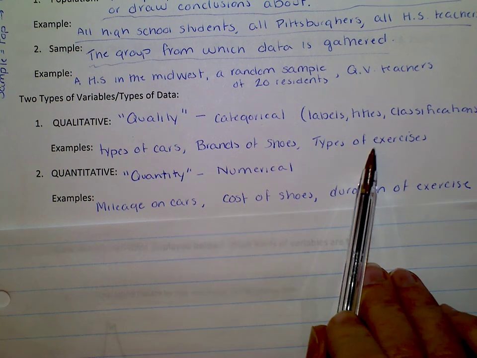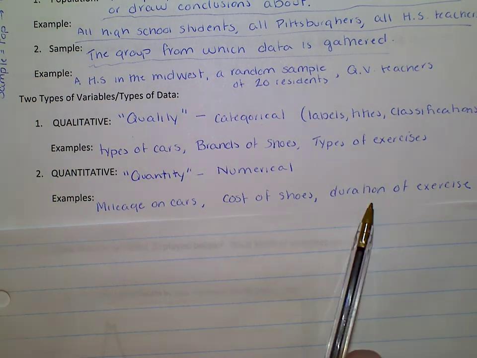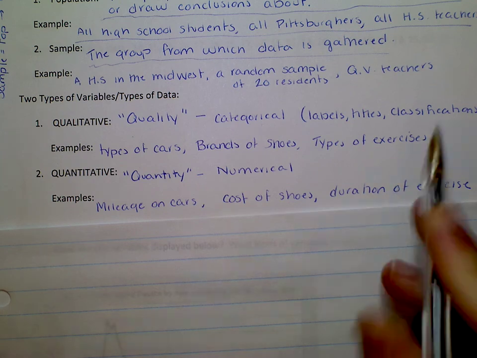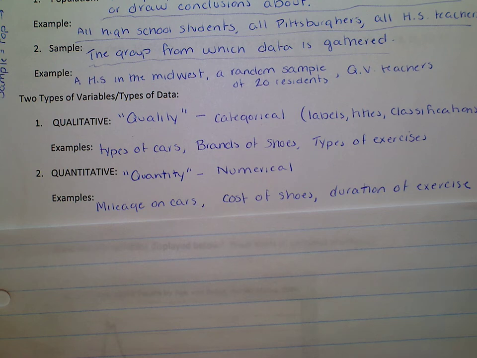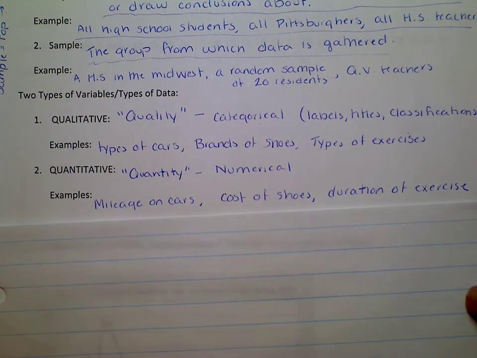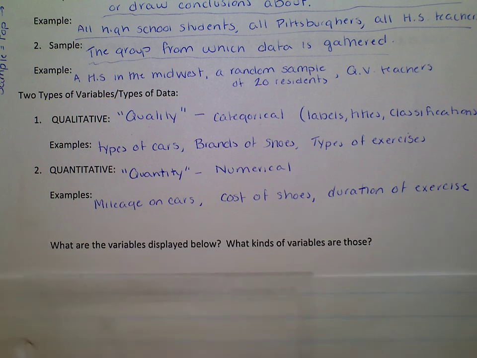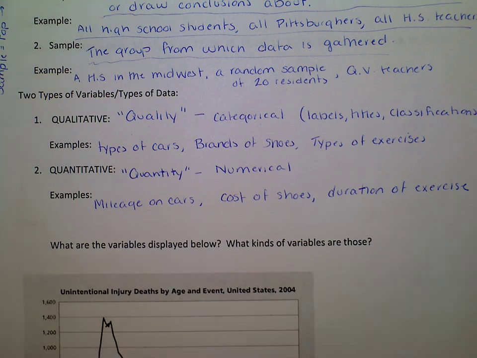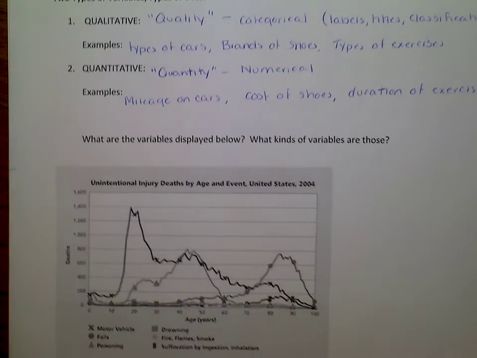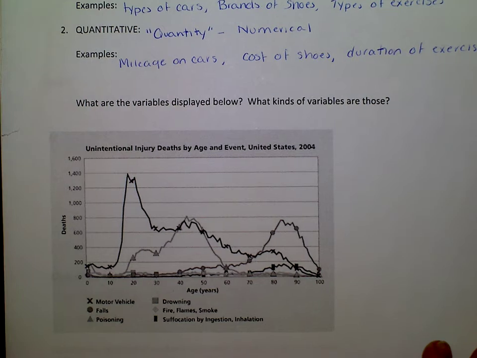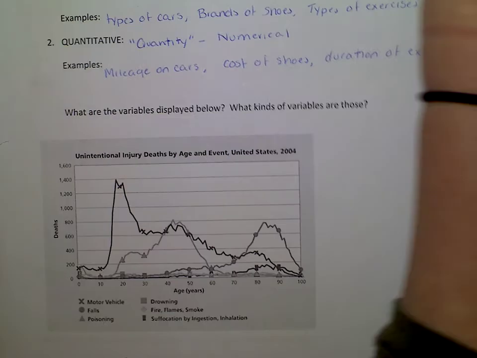Maybe instead of recording what exercise was done, maybe you record the duration of that exercise. So all of these would be numerical, hence quantitative. So one thing I want you to be able to do is look at a situation. Maybe it's a list of data, maybe it is a table or a graph. Like here we have actually a fairly complicated line graph.